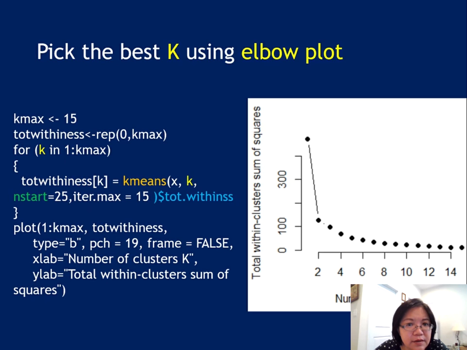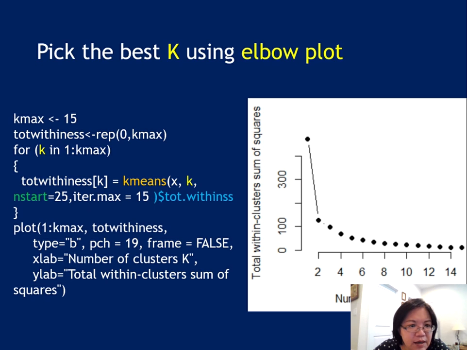We are looking at the drops in performance, and we want to find the elbow where the performance change starts to decrease. Let's say that we want to try k equal 1 to 15. Maximum is 15. We want to go through 15 different models and see which k gives us the best performance. What I want to do is set up an array or a vector called total within SS.